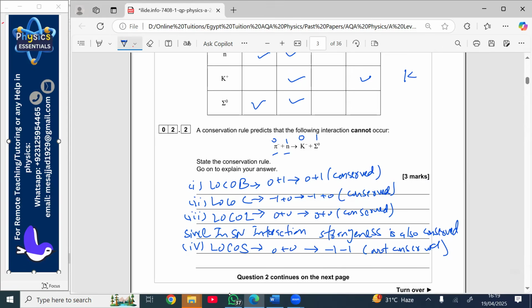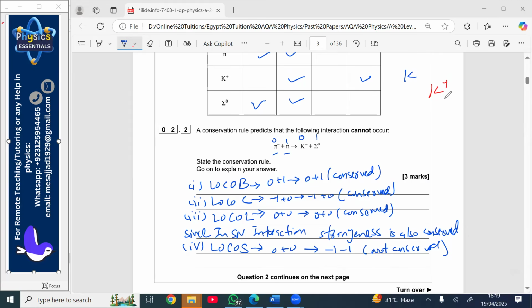Okay, now let me explain to you about the kaons. Kaons are like 4 types of particles: K minus, K plus, K naught, and K naught bar. Usually their structure, kaon plus, is u and anti-s, so it has a strangeness of +1. But when we flip it, it turns like this, so it has a strangeness of -1. Then we have kaon neutral.